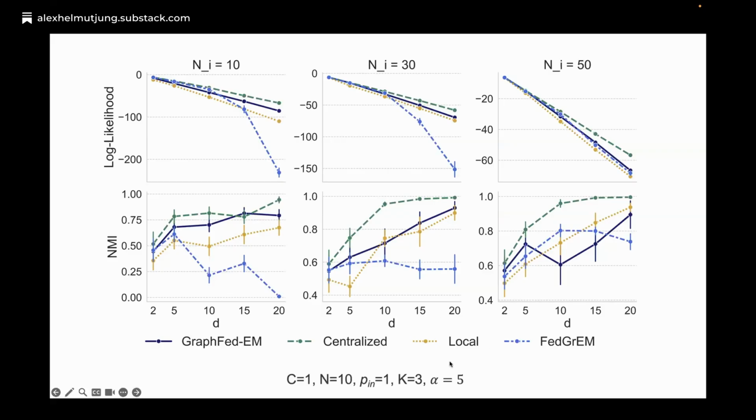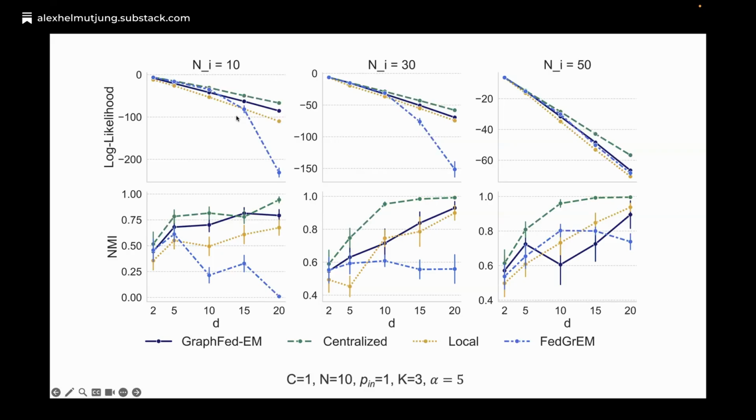Then we have local training, where we train a GMM only with the small local data set. And for benchmarking, we have another federated algorithm, which is distributed EM based on gradient updates. This algorithm is supposed to also handle heterogeneity of the local datasets well. So we have these three benchmark algorithms and our algorithm.